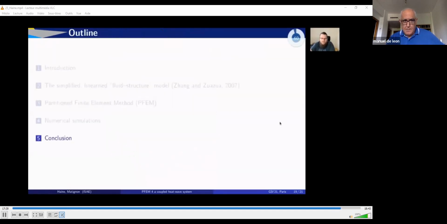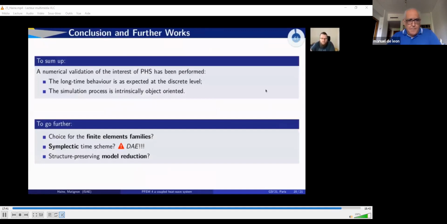Okay, to sum up, we performed a numerical validation of the long-time behavior of the heat-wave system studied by Zhang and Zuazua. Now, to go further, the choice of finite element families should be analyzed for an optimal choice between computation time and order of convergence.